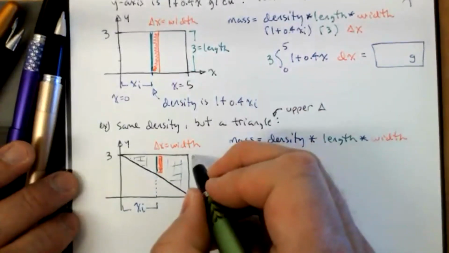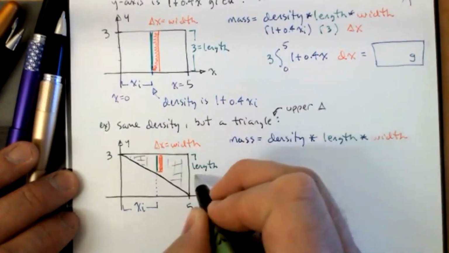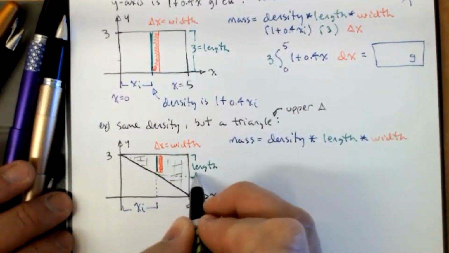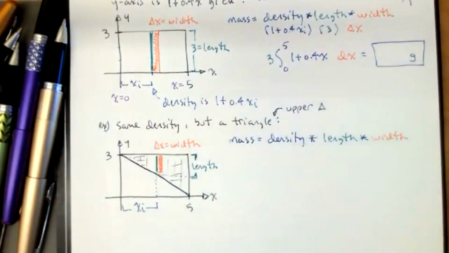So in this case, the length is not a constant 3. So now the density is variable and the length is variable. Our width is still our delta variable, delta x.